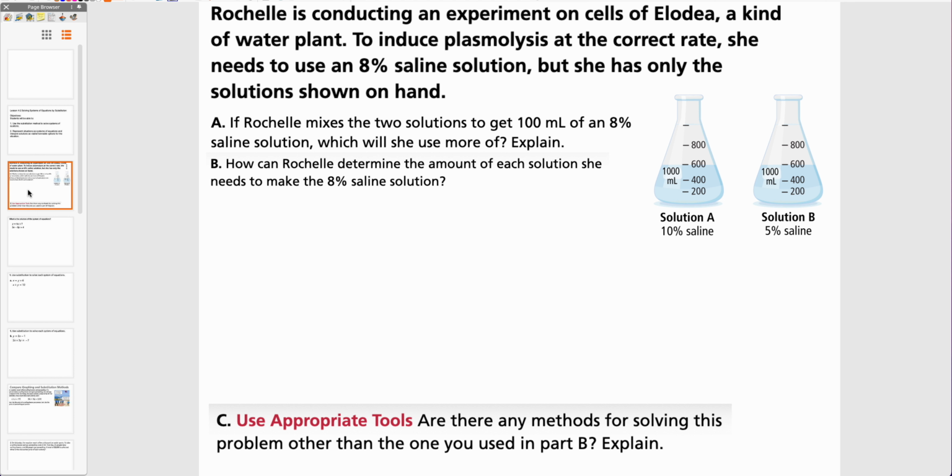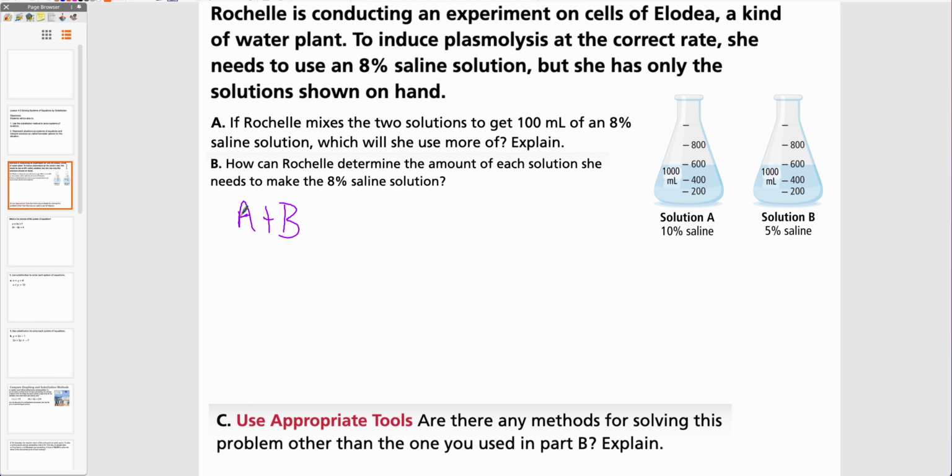Because if we use X and Y, then we have to decide which one is X and which one is Y. Why don't we just use A and B? Does that make sense? Yeah. So can we just say A plus B? However much of A she uses plus however much of B she uses needs to equal how much? Not 8%. 100 mil.